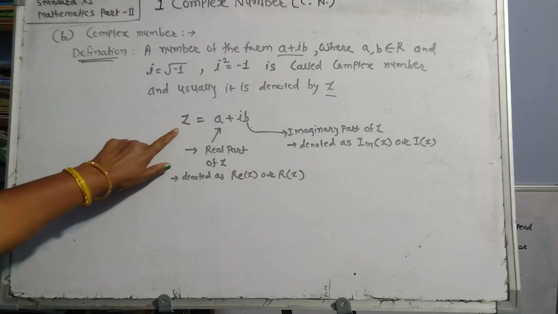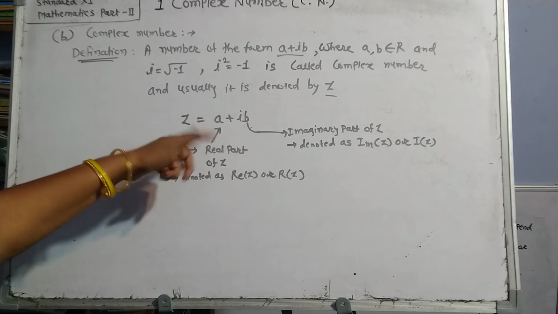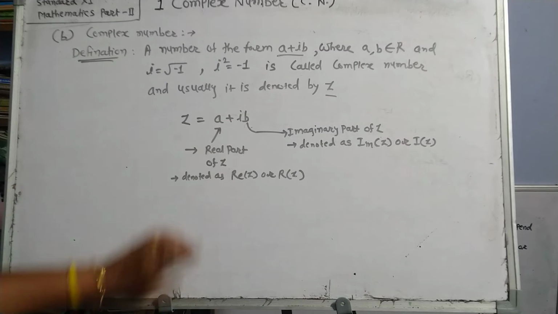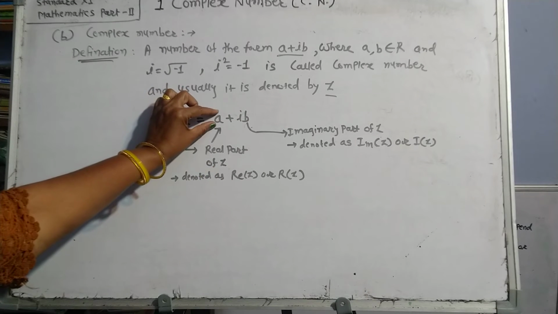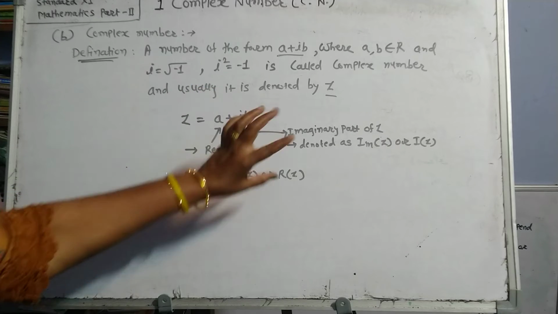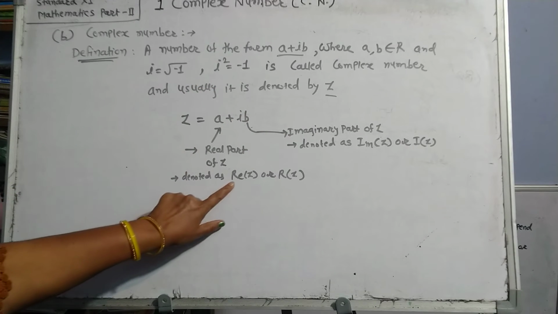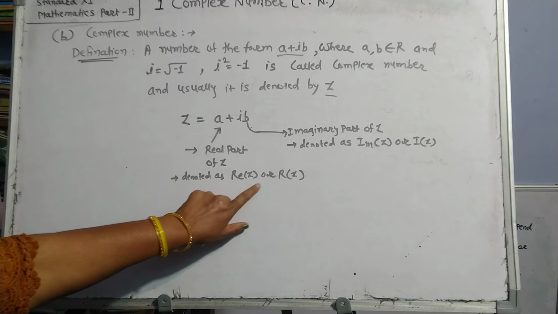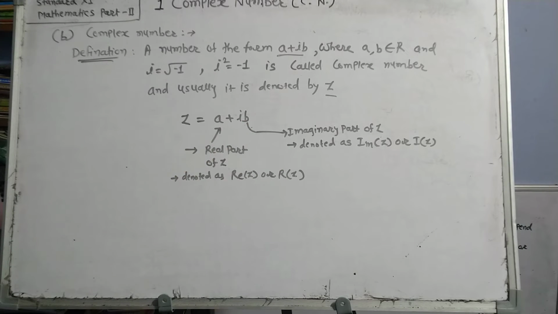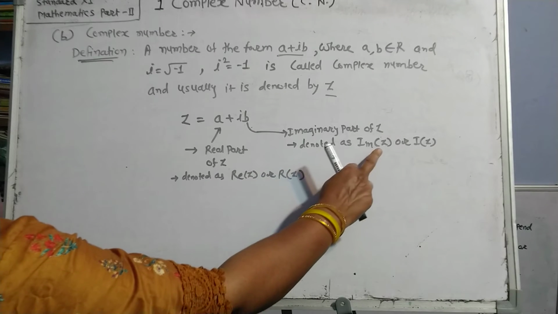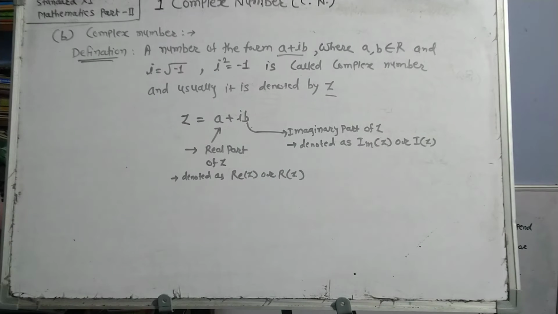Now z is a complex number, and it is written in the form of a plus ib, where a is the real part of z. This part is called the real part, and this part is called the imaginary part, and is denoted by Re(z), and b is the imaginary part of z, denoted as Im(z).